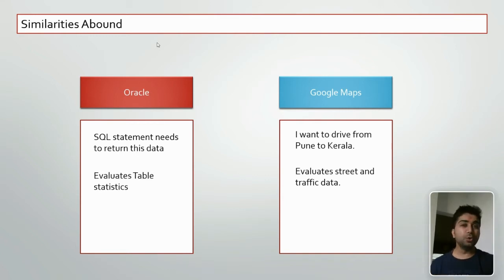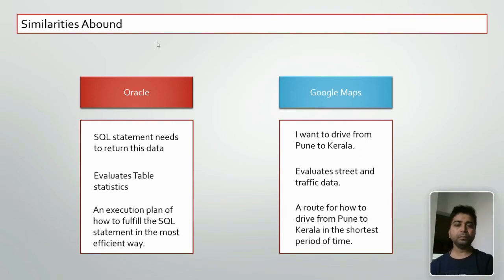How many records you have in your table, how many columns you have, is there any recent change, and when it was last updated. That kind of information your table statistics have. In short, it has how many records and how many columns.